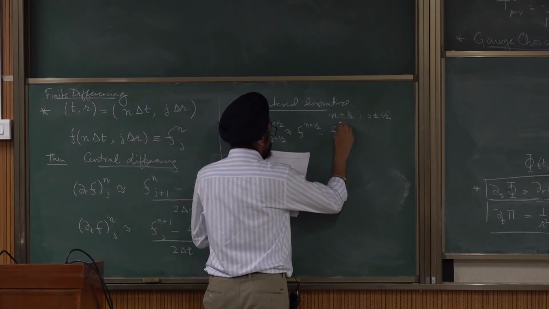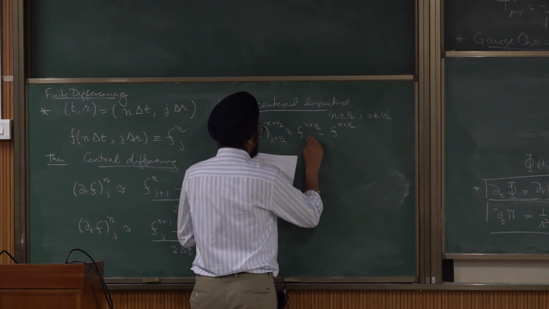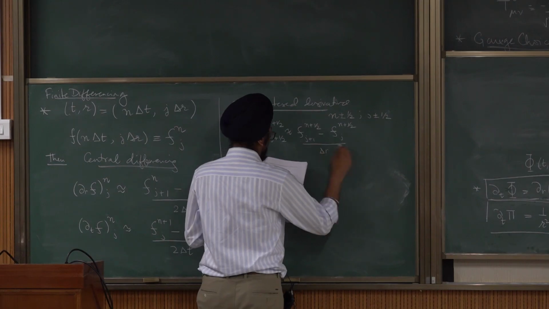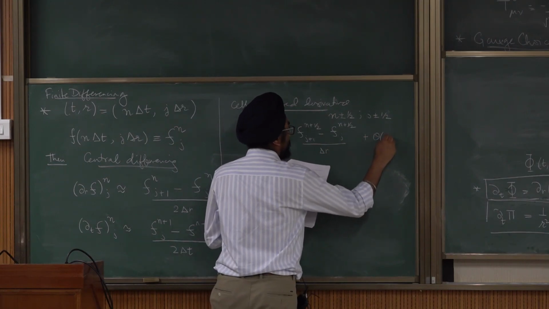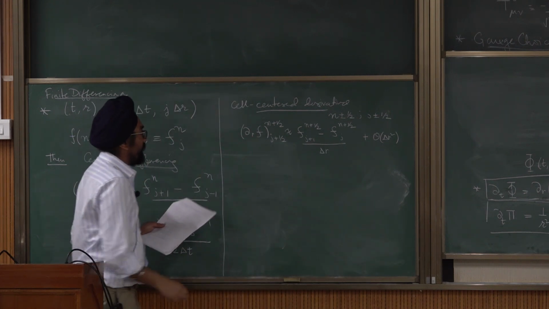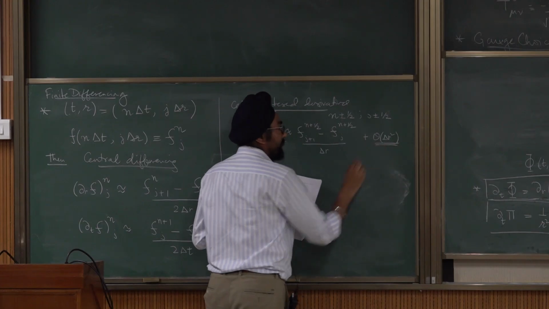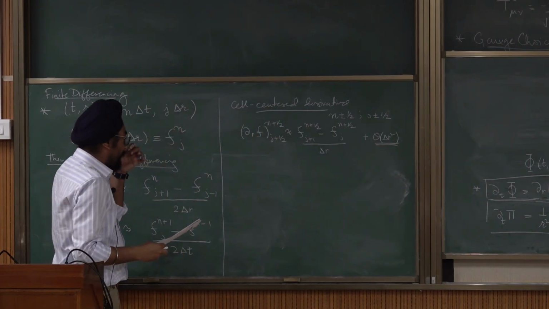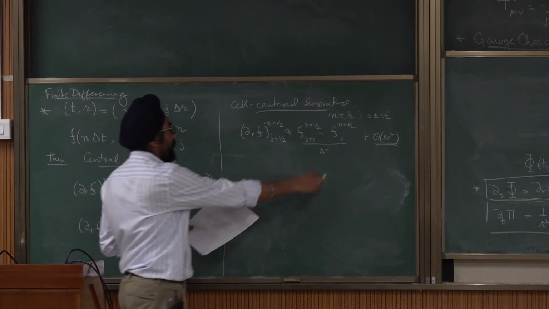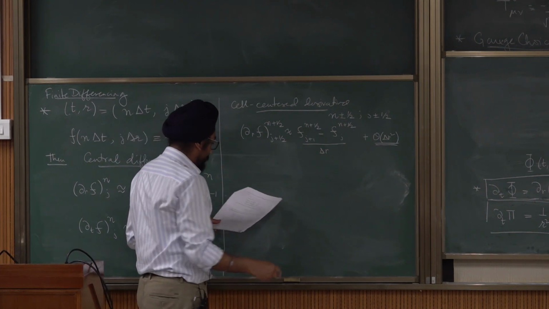So therefore this is j plus 1 minus j by delta r. Again, valid only up to order delta r square, so you have to keep it small in order to have a proper derivative. So the grid size should be as small as possible. Of course, it depends on the memory of your system. If you make it too small, your memory allocation will be a problem. So you need to take that into account.